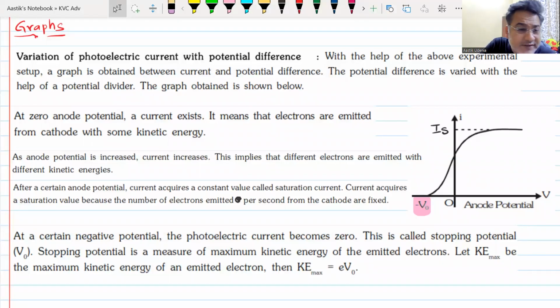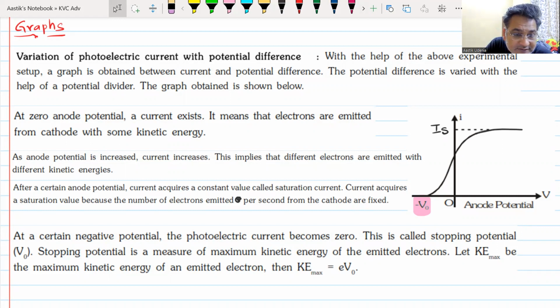Now, as you can see, for a given frequency, your saturation current is fixed. Now, for a given frequency, if I want to increase the saturation current, how can I increase the saturation current for a given frequency?